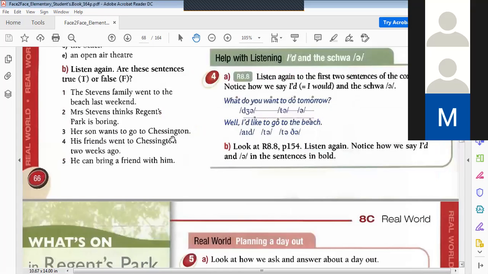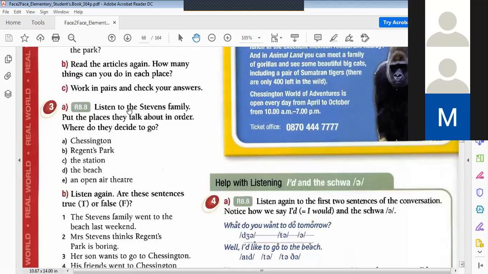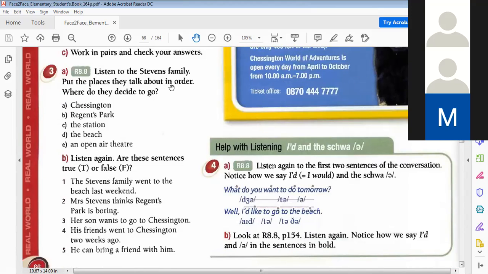Okay, so now let's do a little bit of listening. We're going to listen to the Stevens family, and we want to put the places they talk about in order, and then answer, where do they decide to go? So we have two parts in the question. The first part is we put this list of places in the correct order.